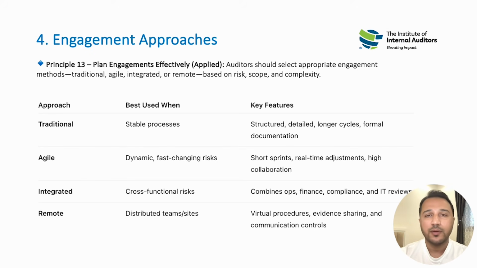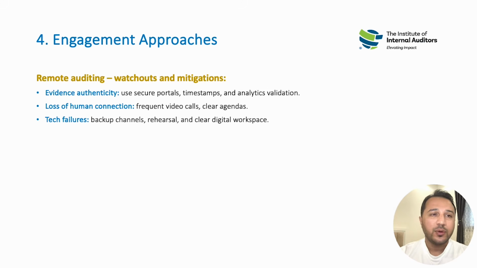For example, if you have to carry out a warehouse audit or a fixed asset physical review, you have to perform it on site. So these are four different types of approaches that an internal auditor can take into account when planning the audit engagement. Whenever we are planning for remote auditing, we have to ensure the authenticity of the information that we receive from the third party or the second party from the management.